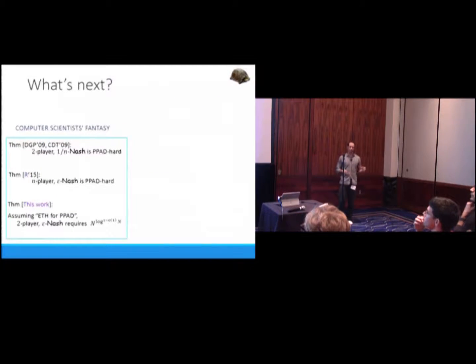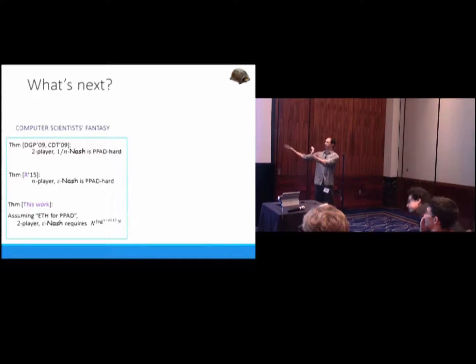Okay, so a lot of people have been asking me in this conference, you settled the complexity of approximate Nash equilibrium, what's next? So I think first of all, there is still this PCP for PPAD that I would love to see resolved.